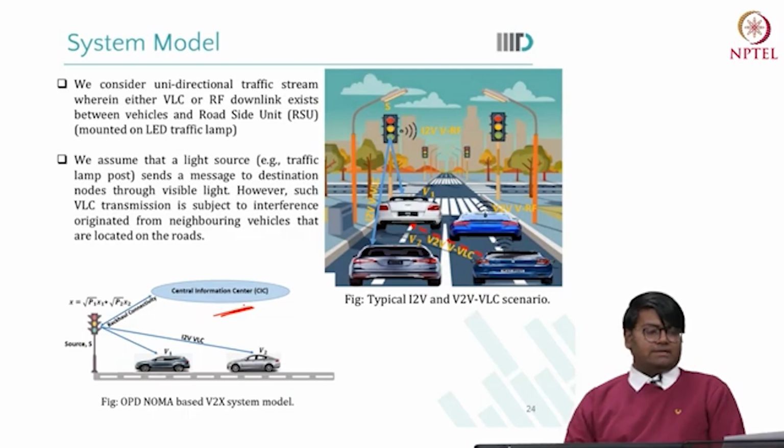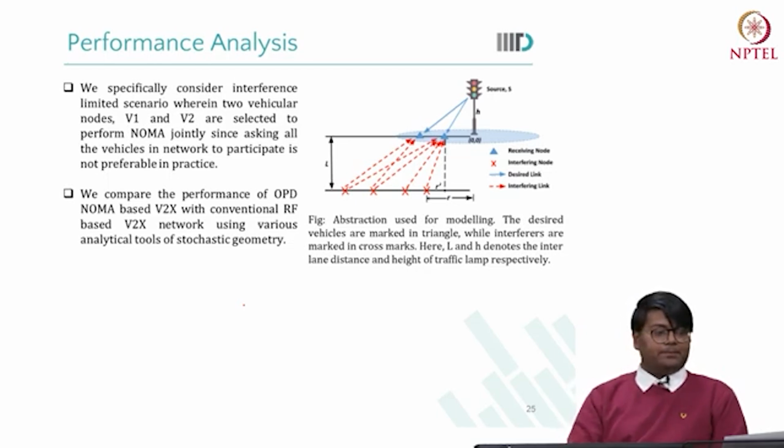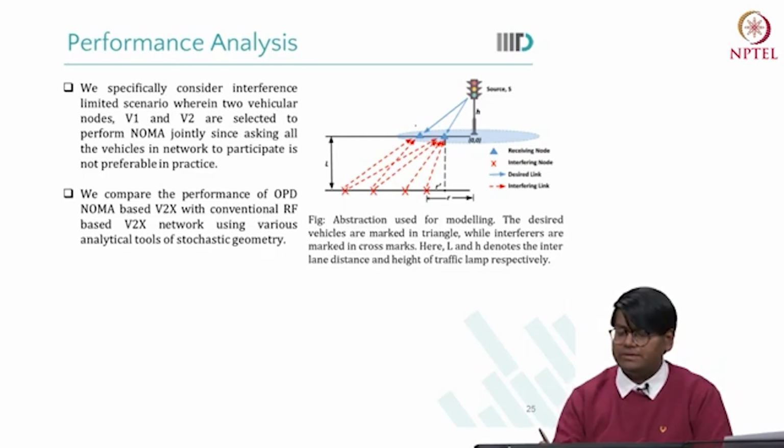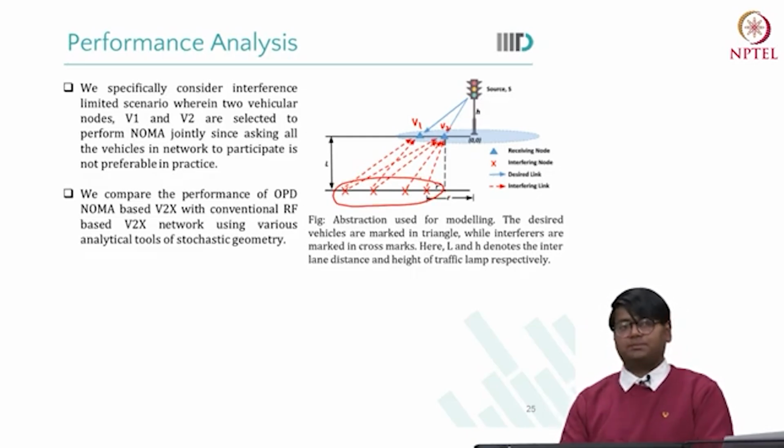Now for ease of understanding, we have shown in this figure the schematic layout of the proposed system model. We consider a set of interfering vehicles which are distributed according to a one-dimensional homogeneous point process. So these are my users V1, V2, which are my desired vehicular nodes, and these are my interfering vehicles.